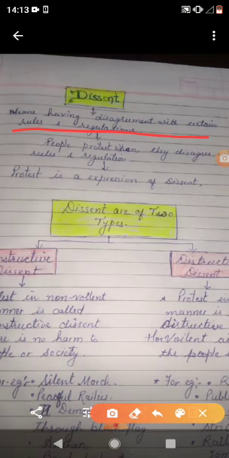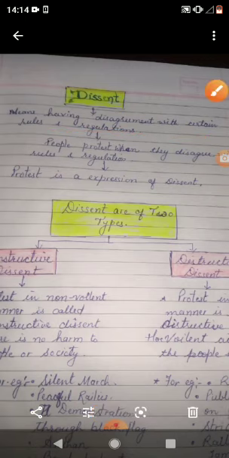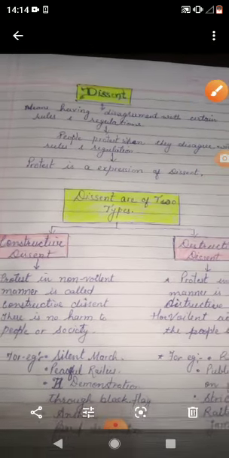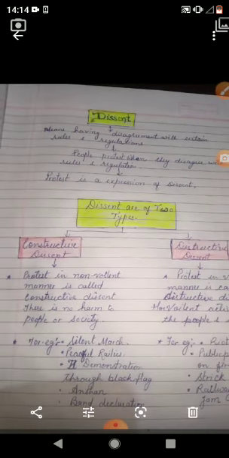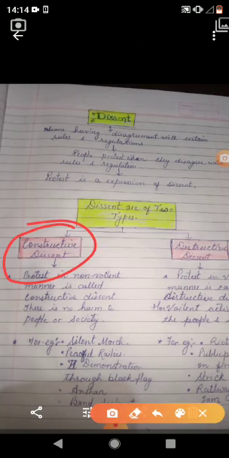We can say that the way in which the people protest can also be called dissent. Now here, people protest in two manners. So we can say that dissents are of two types. This is constructive dissent and destructive dissent.